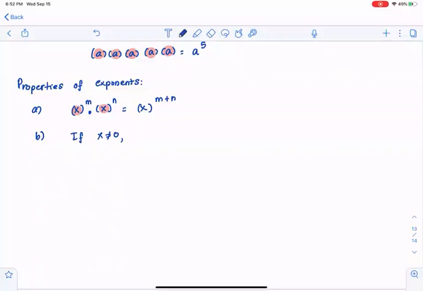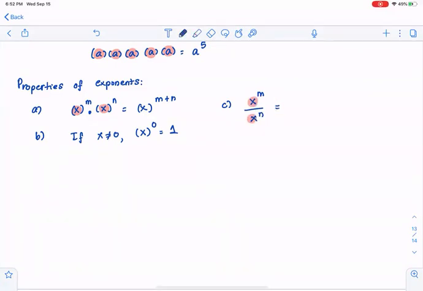If x is not 0, x raised to 0 is 1. Any number raised to the power of 0 is 1, except the number 0. It could be positive or negative, doesn't matter. If we have x raised to m divided by x raised to n, those two match up.